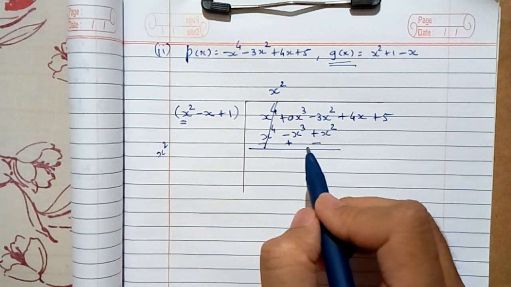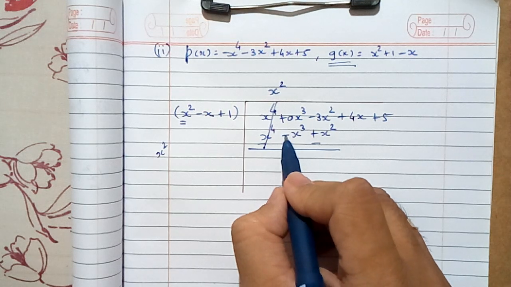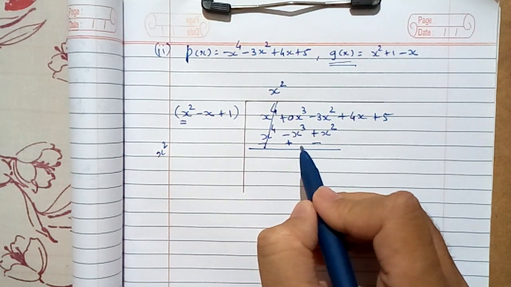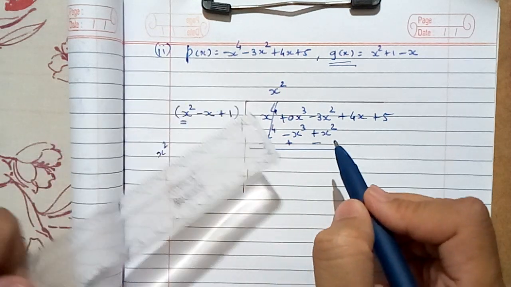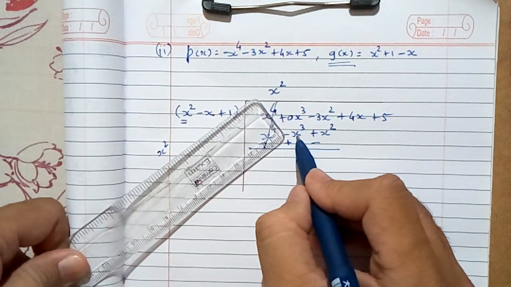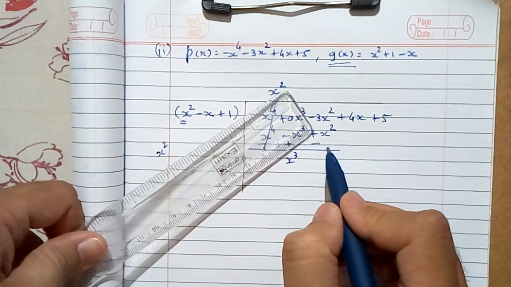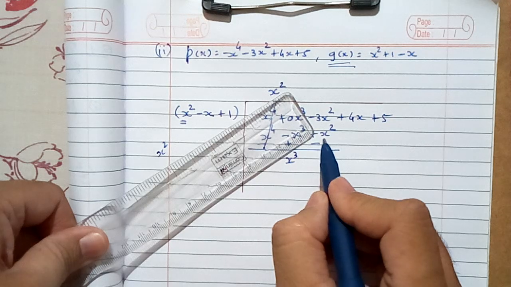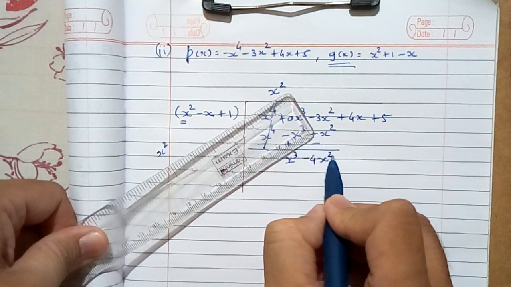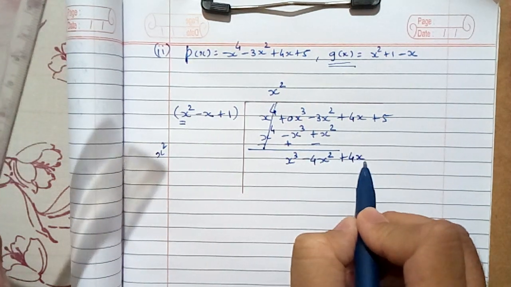Now check 0 plus 1, so that is your x cube. Minus 3 minus 1, like terms, minus 4x square, and get down plus 4x.